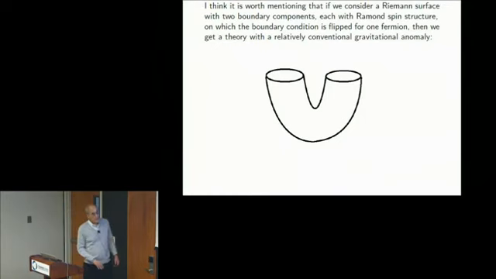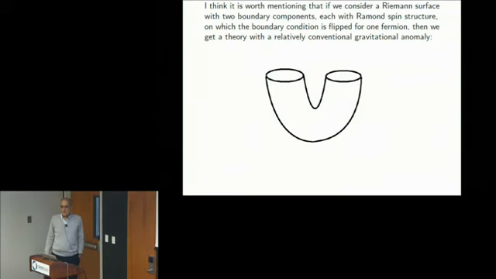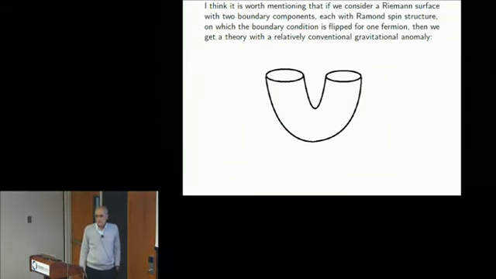I think it's worth mentioning that if we consider a Riemann surface with two boundary components, each with Riemann spin structure, and on each of which we flip the boundary condition to create an anomaly, then we get a theory with a relatively conventional gravitational anomaly, by which I mean there's a diffeomorphism that changes the sign of the path integral measure. So each of these circles has a fermion zero mode on it.